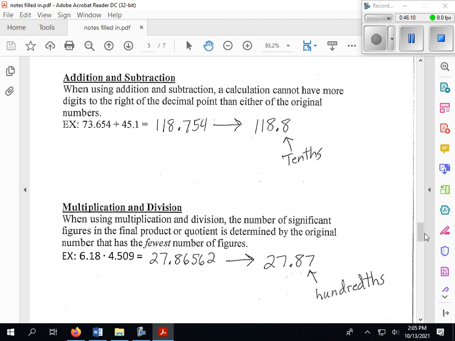I actually counted how many significant figures? 4. The actual answer should probably be only using 3 significant figures. What would it be rounded off to 3 significant figures? 27.9. So you might want to write that down. The actual answer is probably 27.9 because it's 3.